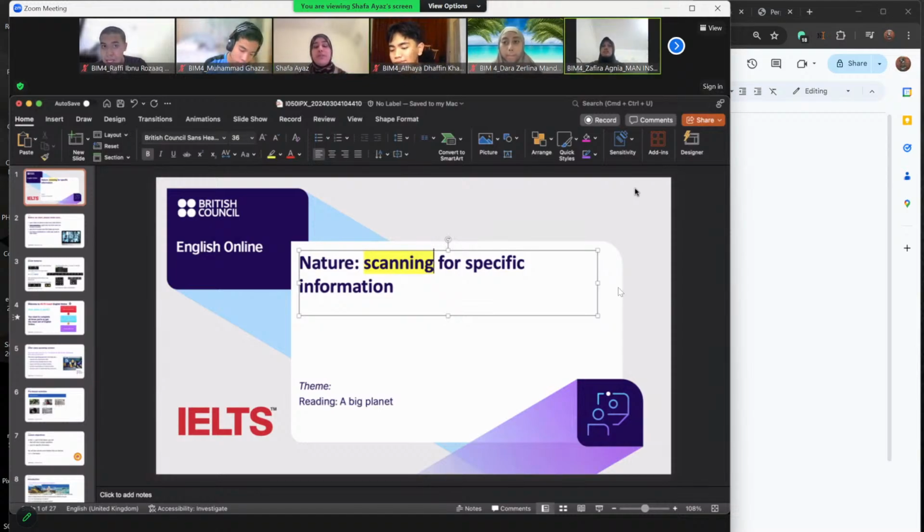In both of these, you have to read quickly. But in skimming, you basically overlook the whole article. But in scanning, you look for specific information. It might be given to you in a question or somewhere, and you look for that specific information in the reading passage. And that's what we will be doing in today's class.